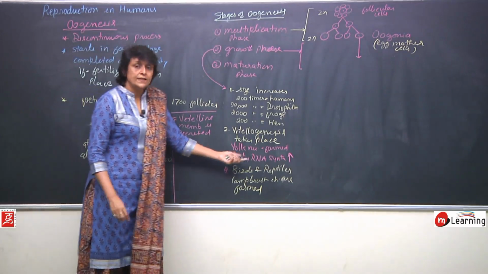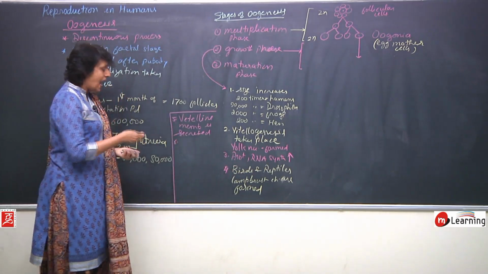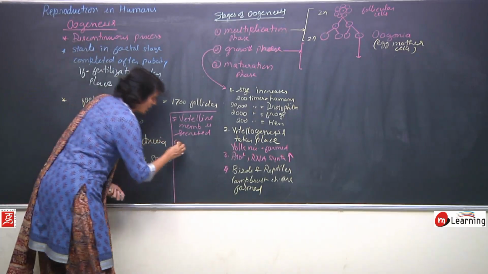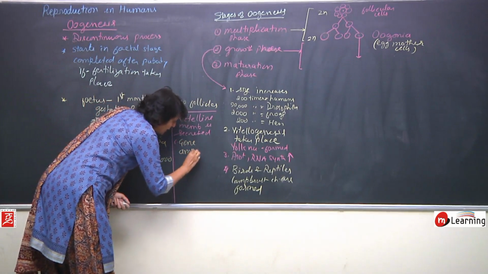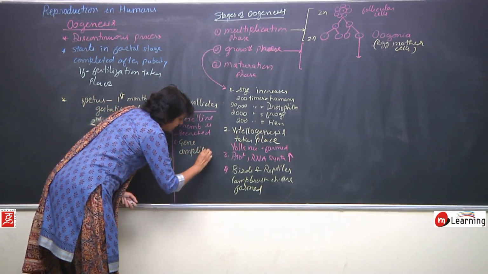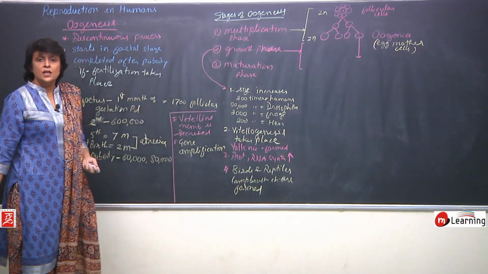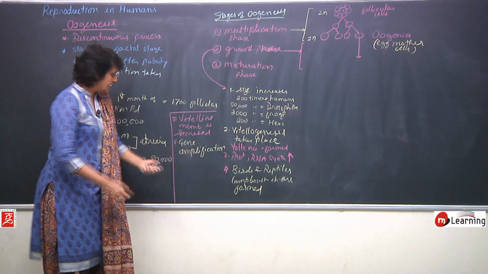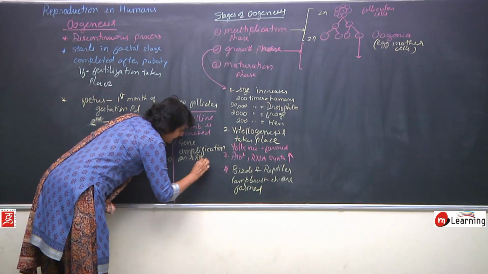Because RNA synthesis and all protein synthesis has to increase, our RNA production has to go up. It is by a process called gene amplification. Gene amplification for RNA synthesis takes place.